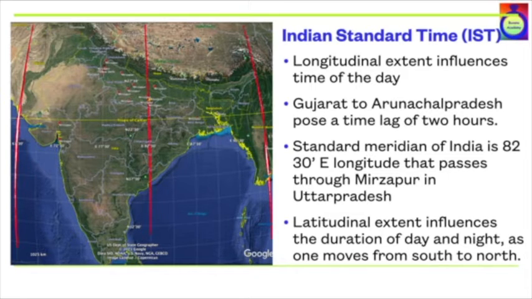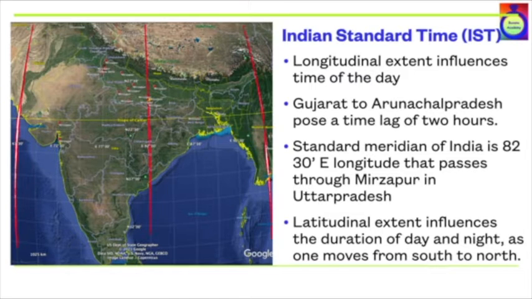That translates into approximately 2 hours from west to east. So there is a 2 hour lag between Gujarat and Arunachal Pradesh. In order to avoid confusion in understanding the timing of each and every place, one standard time is fixed based on a particular longitude.